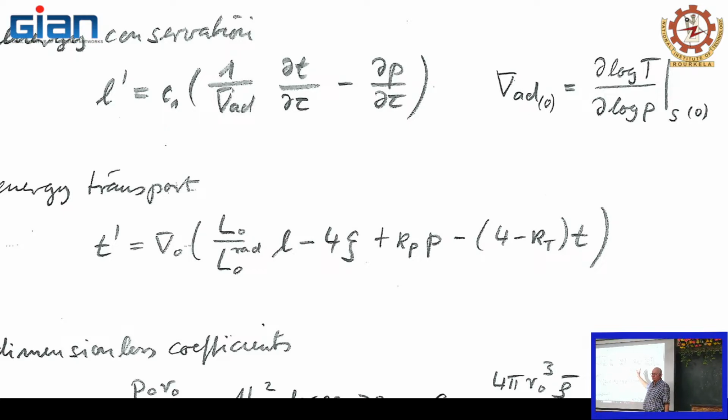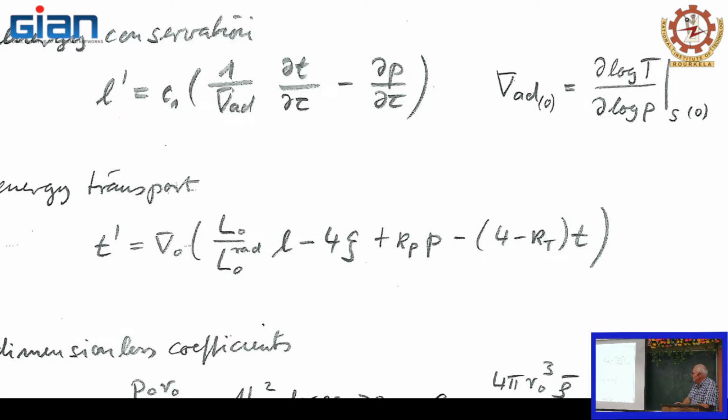So that cancels, and we are left with an equation which acts only on the spatial part of the solution, and that means we are left with an ordinary differential equation which only refers to the spatial coordinate.